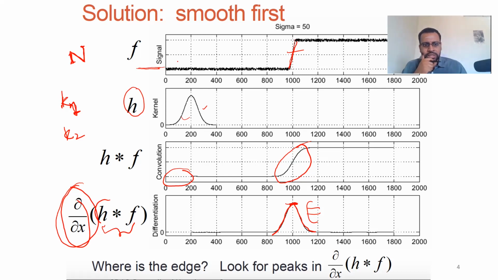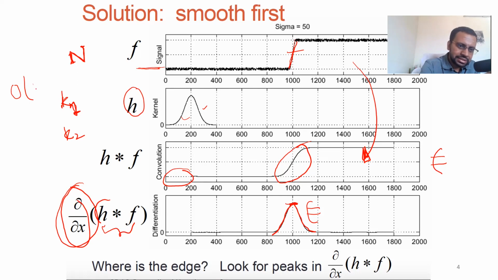My question here is, what is the order of multiplications that would be required to arrive here from here? From here, n into k1. That's all.